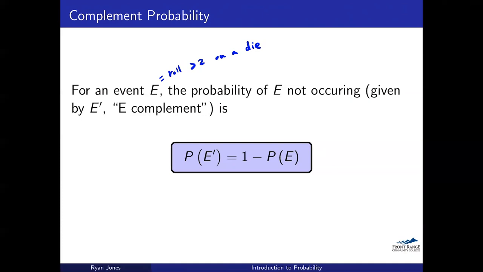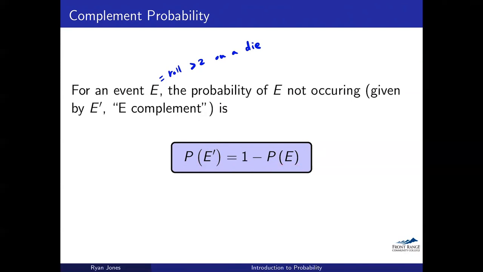Before we get into that formula, I'll mention that the probability of E not occurring, we denote that by E prime. So we put this little tick mark, this little apostrophe right after E. It's pronounced E prime or E complement, probably more so E complement. And the probability of E complement happening is 1 minus the probability of E happening.